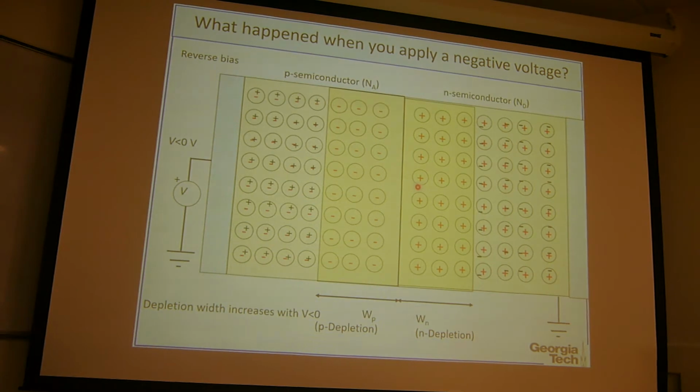Okay, so then what happens when you apply a reverse voltage? Again, let's first start with this bond model, with charges. So what happened here? You see the negative voltage to the P side. That means you are going to have electrons injected from this terminal to the P side.